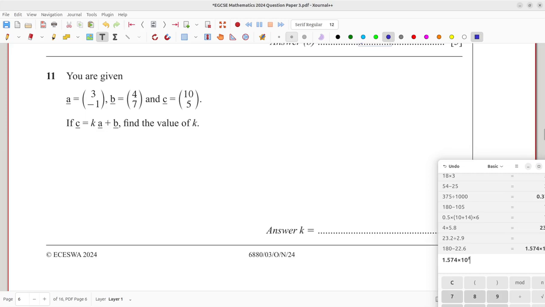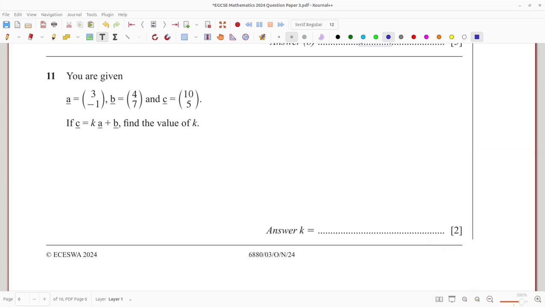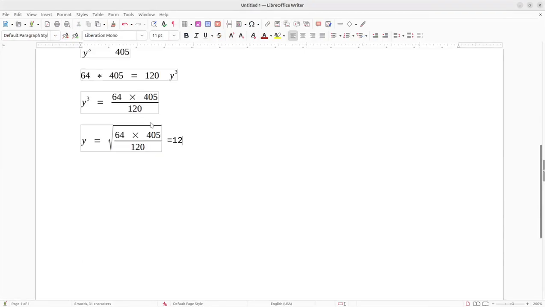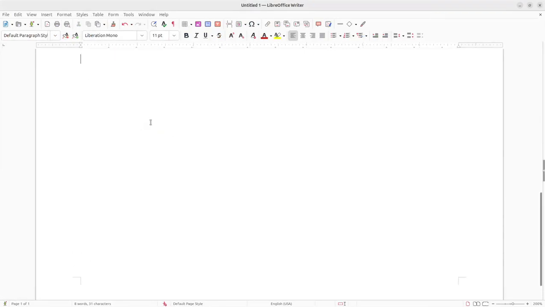We have our C equals to K A plus B, like that. And then you'll see it's 10, 5.